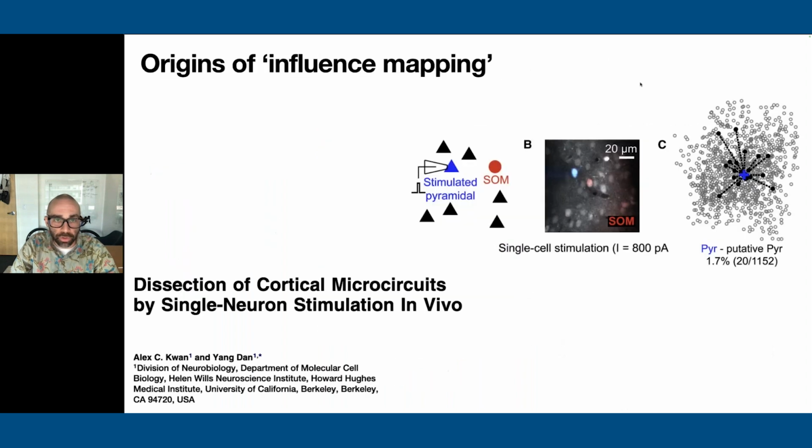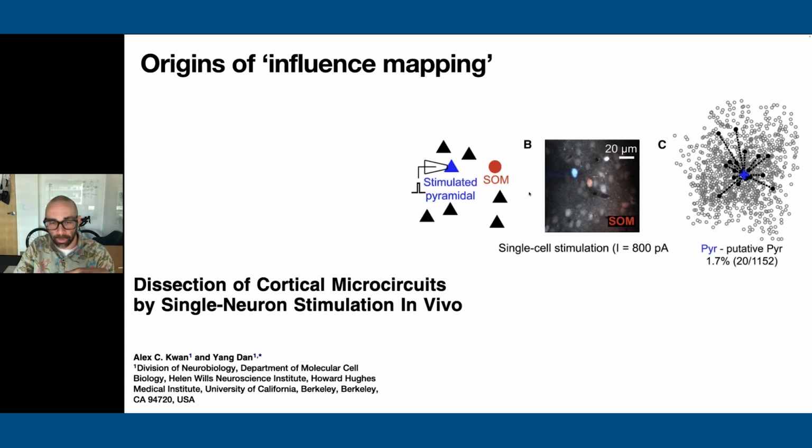There's actually a bit of history behind the idea of doing influence mapping to look at the interactions between cells and map how they're related to each other. One of the earliest studies that I know of is from Alex Kwan and Yang Dan, where they pioneered this approach a little bit, not all optical, but a mixture of the two.